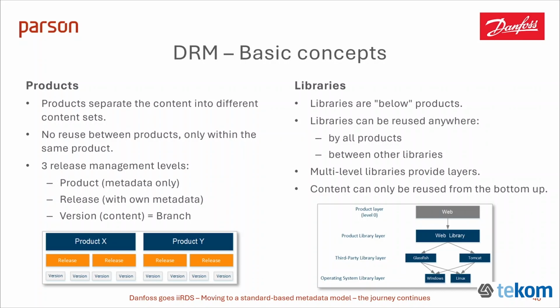The release branch has its own metadata, and the version creates a branch. So you can say it like this. The element that we were using is a DITA map specialization called container. So the branching of a product creates a new branch with a map fork.